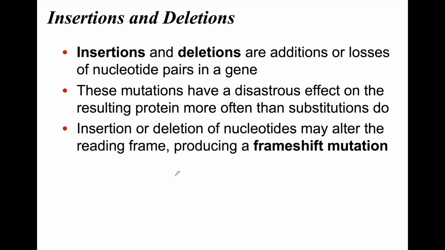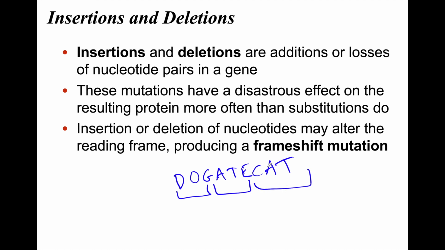For example, the example I gave you earlier was, you have these letters here. Then how you read is you read the first three letters, and then the next three, and the next three. So you read dog, ate, cat. Well, let's say that there is a point mutation, which is a deletion. So let's say we delete this A here. So now the letters we have.